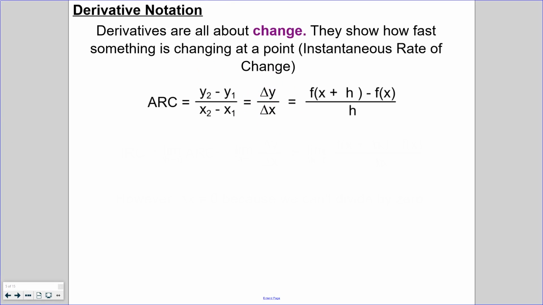Then once we found the average rate of change, we could go ahead and find our instantaneous rate of change. And we found that by taking the limit of the average rate of change, because that is the process that turns our secant line into a tangent line.